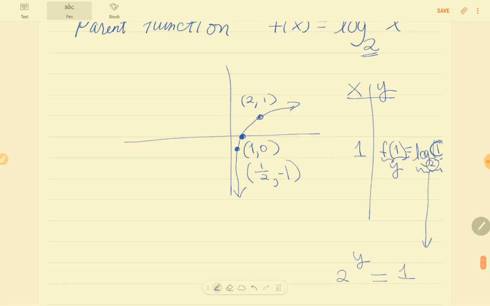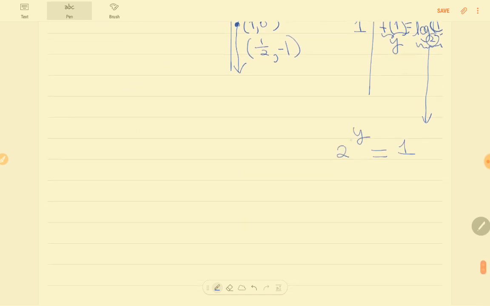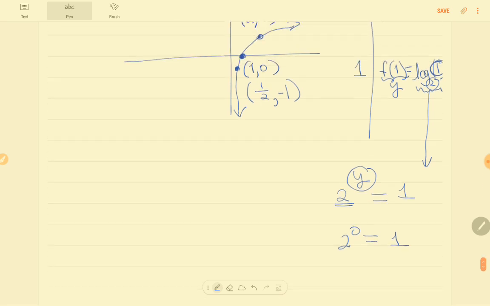What power would you need to raise the base 2 to in order to get 1? You would need 0. So that means y equals 0 when you plug in 1.